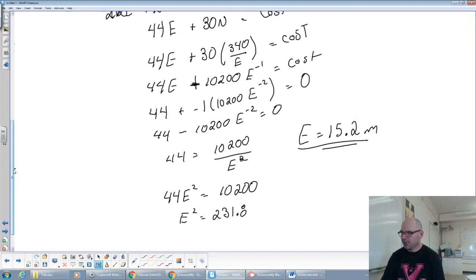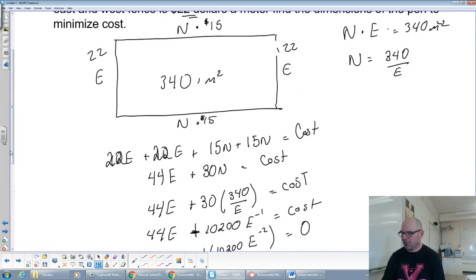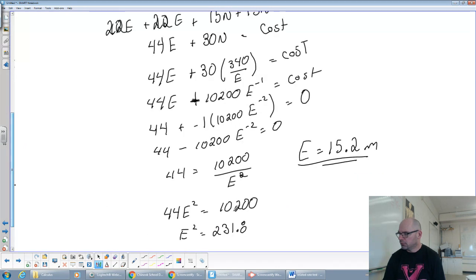So that means that if that's 15.2, we have to find out what N is now. N is going to be 340 divided by 15.2, which is 22.4 meters.